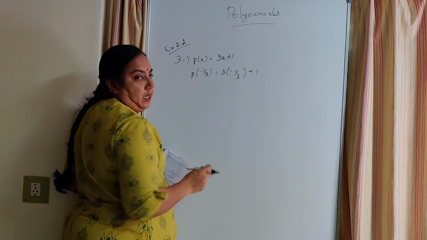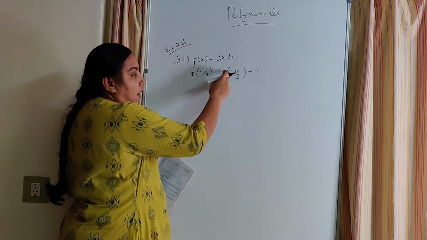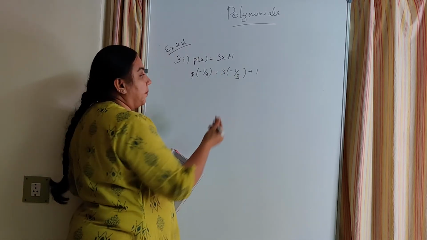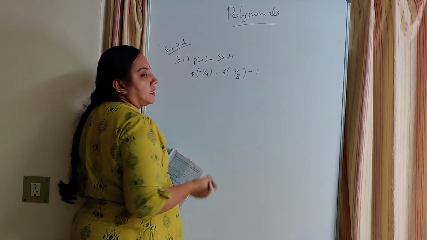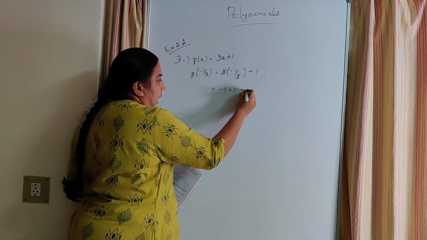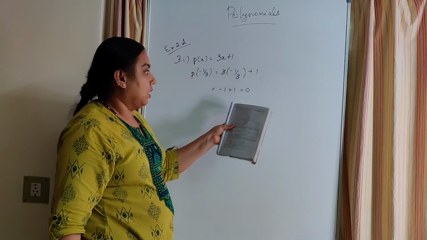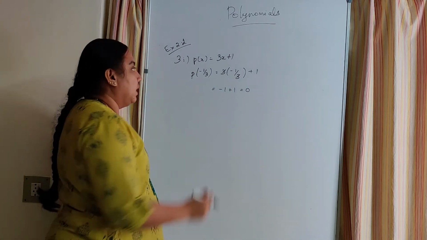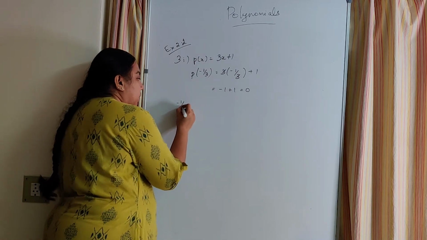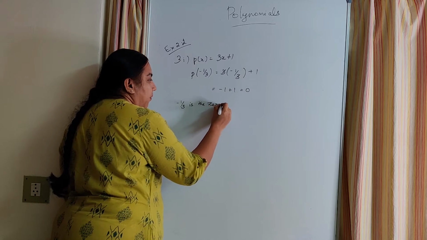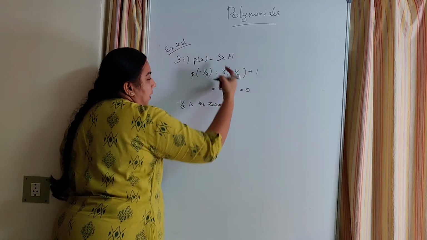What does the bracket mean? It means multiplication. But when I have to specify a minus also with it, I use a bracket. This 3 and this 3 get cancelled. The remaining numbers are minus 1 plus 1, and the polynomial's value becomes 0. So, I can say minus 1 by 3 is the zero of this particular polynomial.